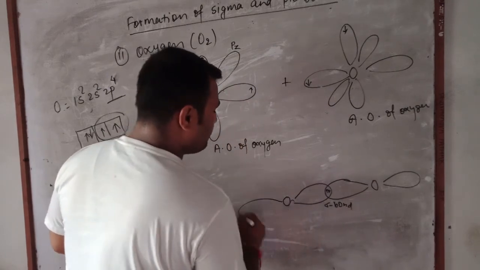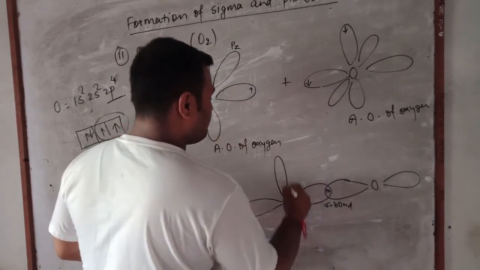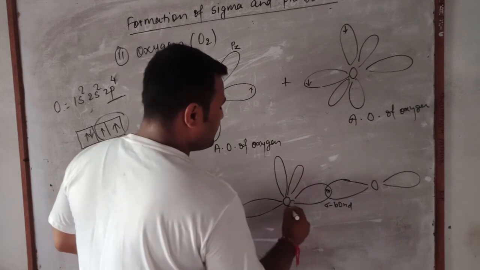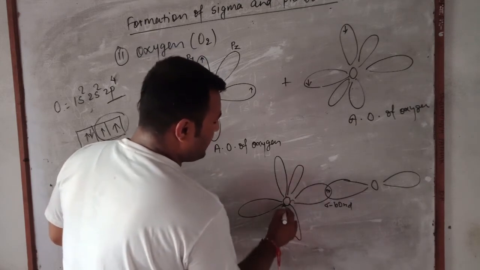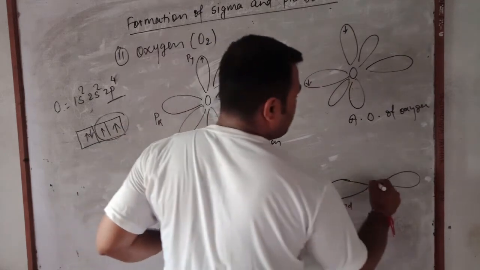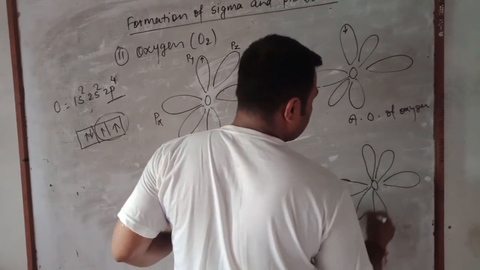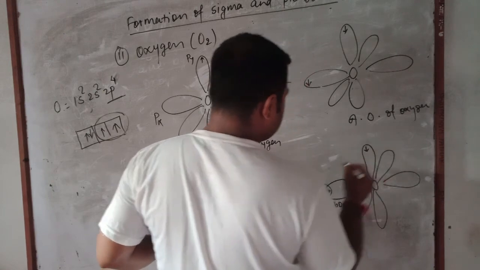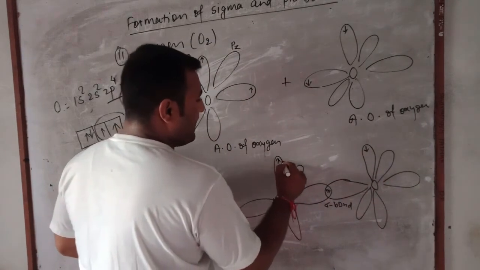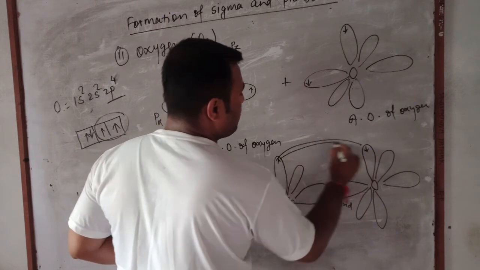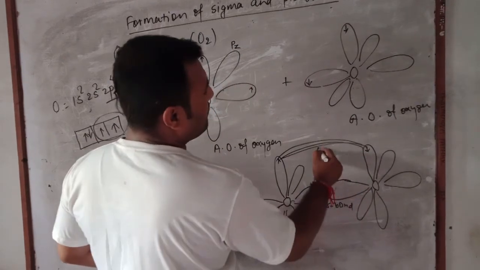After that, py and pz, in the same way py and pz having opposite spin of electron, that electron overlaps and forms a pi bond.